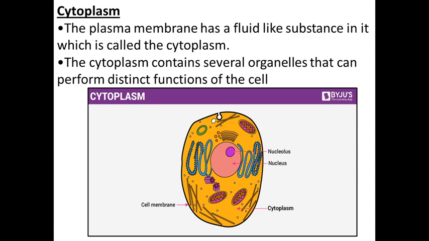As in our bedroom we keep our bed, some tables, chairs, like that, the bedroom is our cytoplasm in which all the organelles are present. The cytoplasm contains several organelles that can perform distinct functions of the cell.